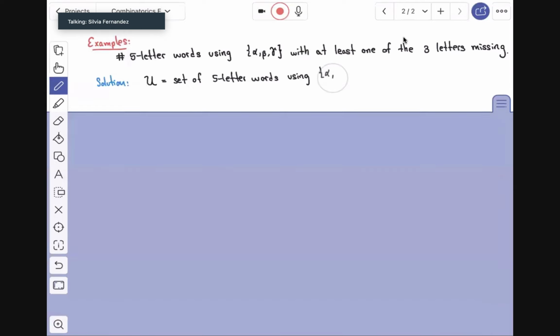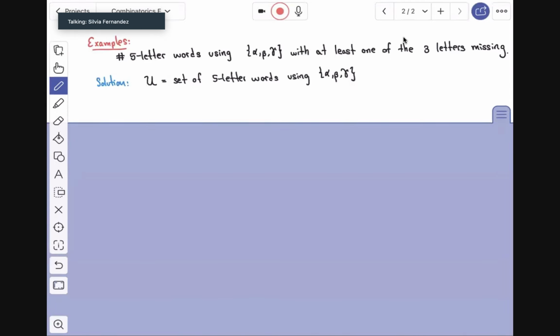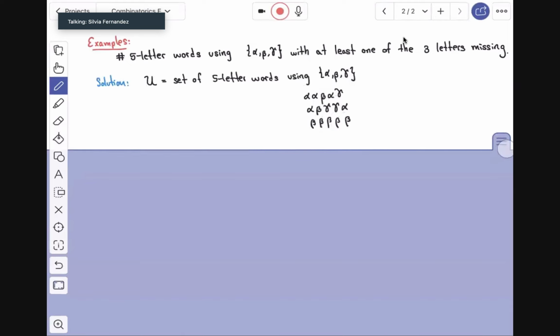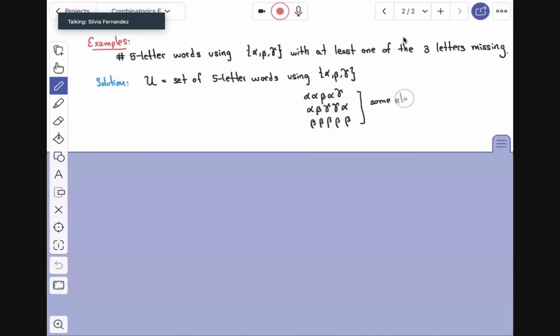No restrictions. Any 5-letter word. For example, alpha, alpha, beta, alpha, gamma, or alpha, beta, gamma, gamma, alpha, or beta, beta, beta, beta, beta. Any word, no restrictions. Okay, so these are some elements of U.